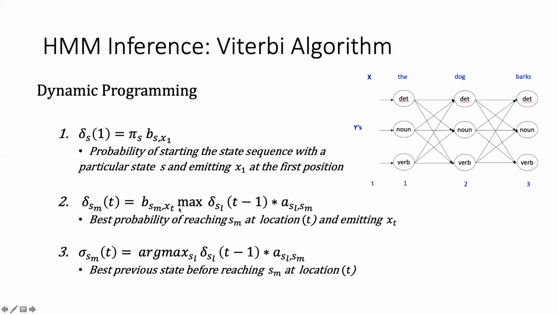In the subsequent instances, we can make use of a recursive solution to compute this. This is possible because of the Markovian assumption we made, where the current state is dependent only on the previous state and independent of all the other previous states.